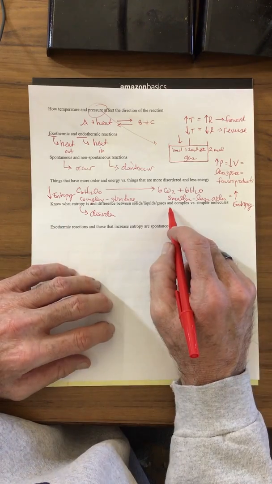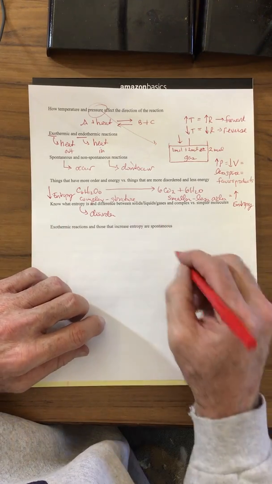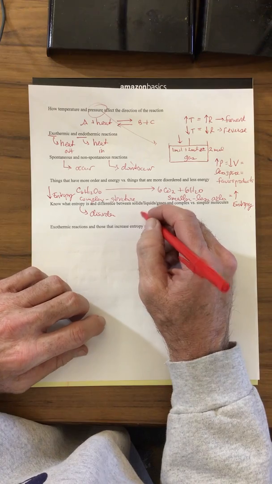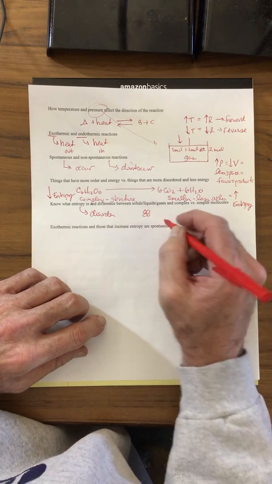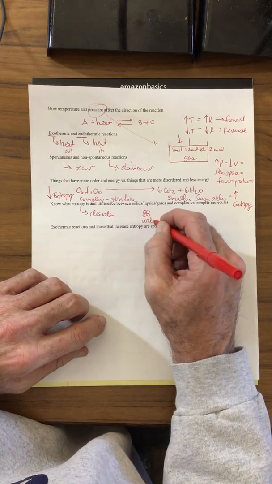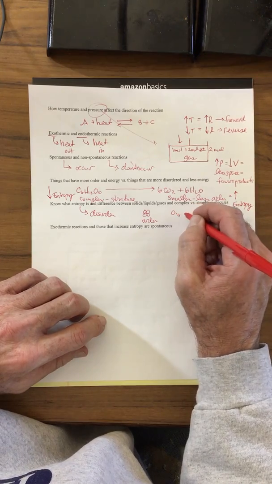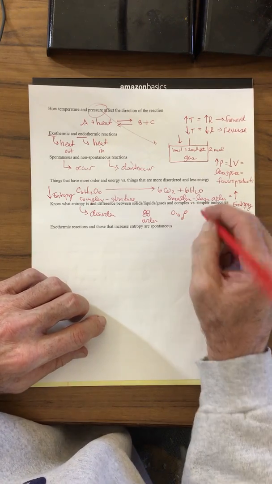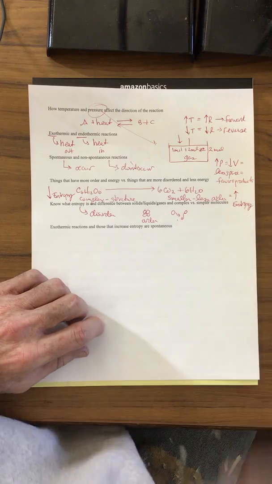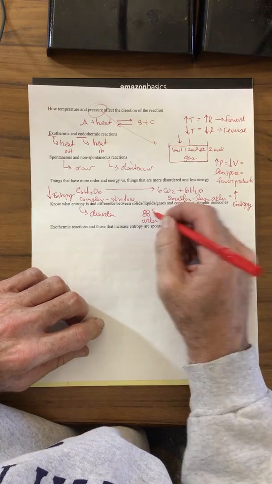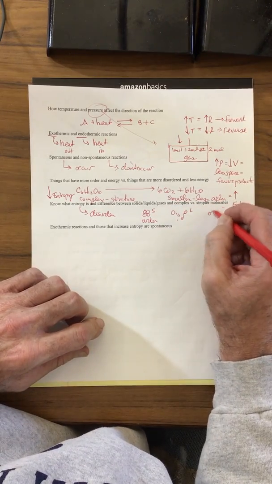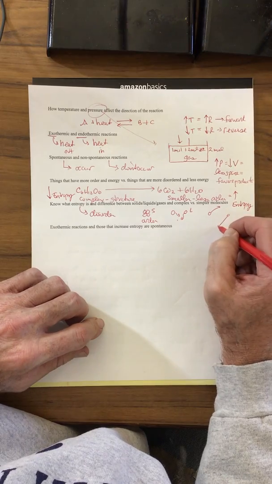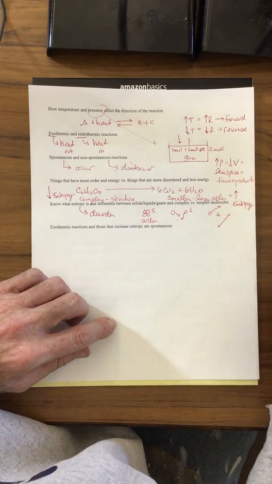Difference between solids, liquids, and gases. Okay, solids, if you remember, have a lot of order. Gases are moving around, or liquids are moving around. So here's your solid, liquid, and your gases are the most random.